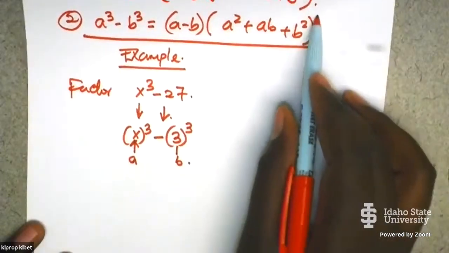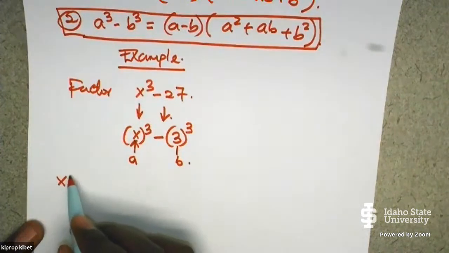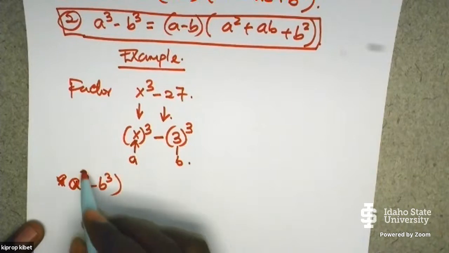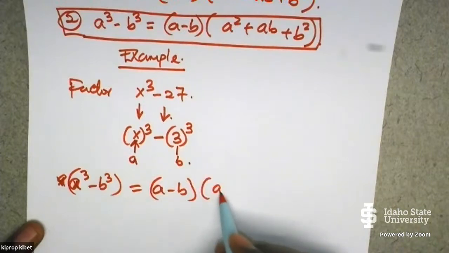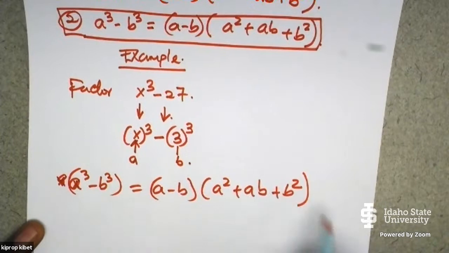The second formula. So our A cube minus B cube equals to (A minus B)(A square plus AB plus B square).